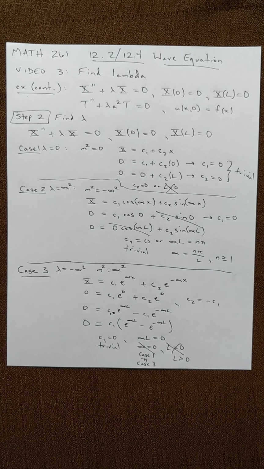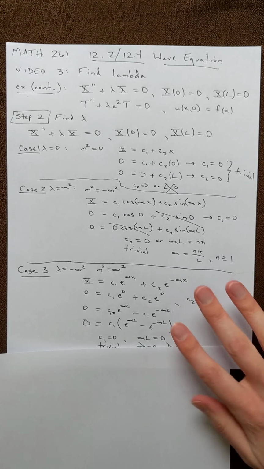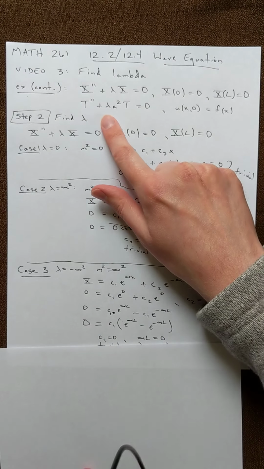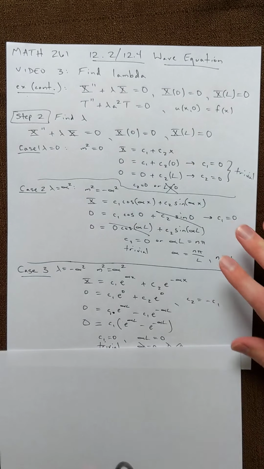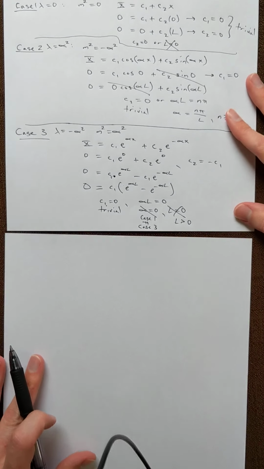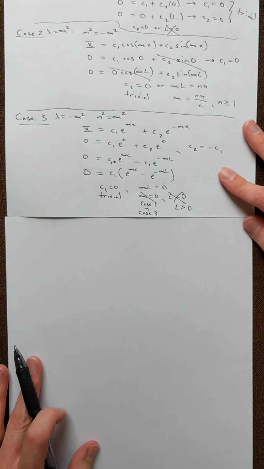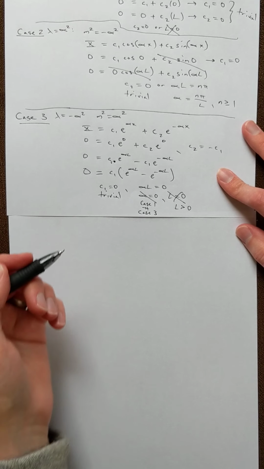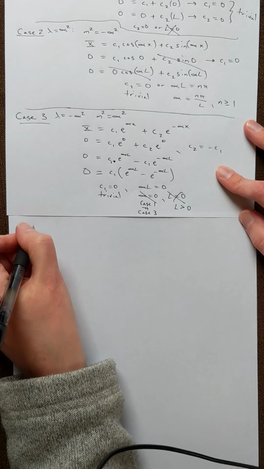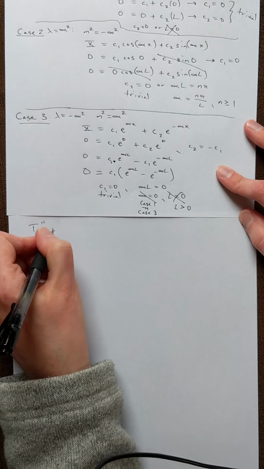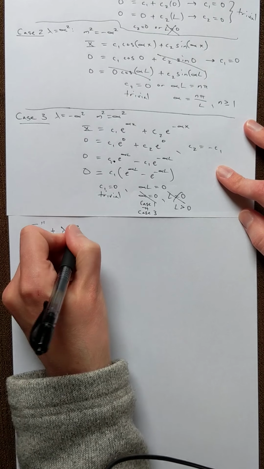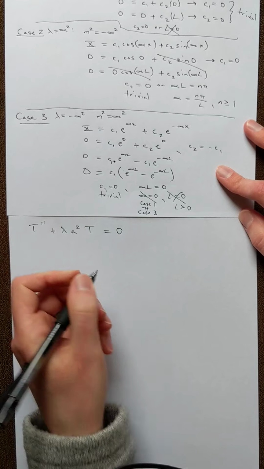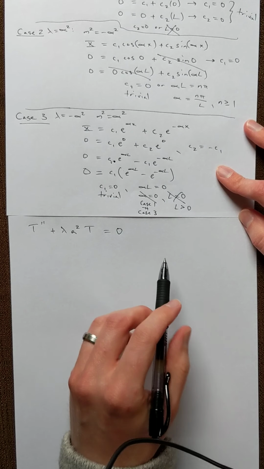Okay, let's go ahead and solve the t equation at the same time. So t prime plus lambda a squared t equals 0. And this is the first place that we're going to get a difference from the heat equation.